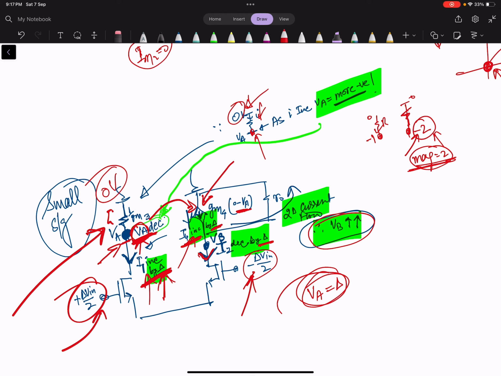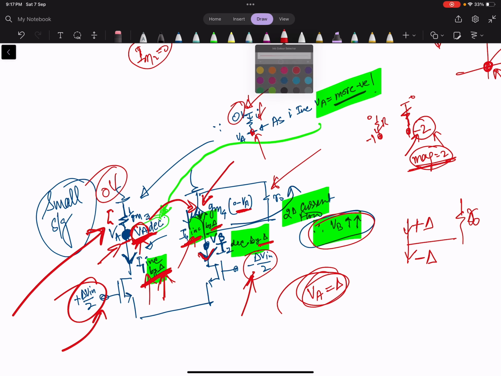Okay, so if you see clearly, this is increased by plus delta, and this is decreased by minus delta current. We know that we have R0 at the M4 also, so this is R0. Here current is increased by delta, here current is decreased by delta. What is the current here?